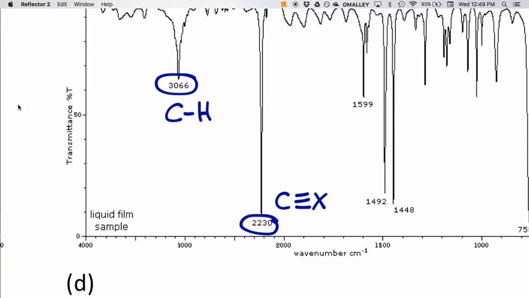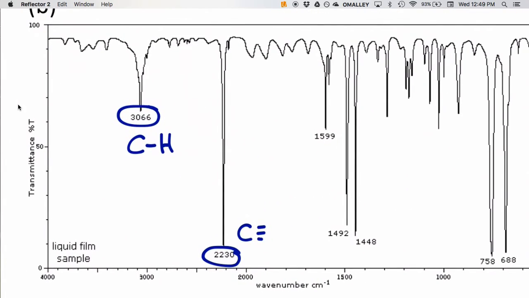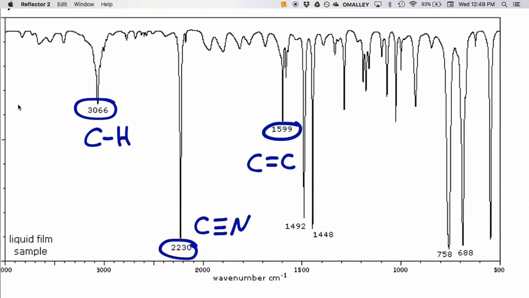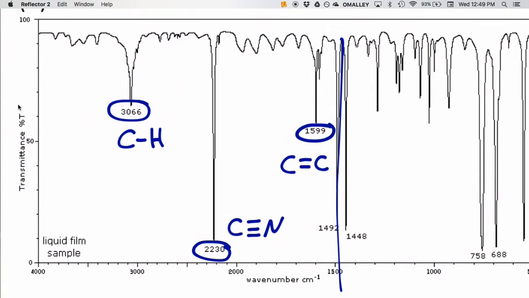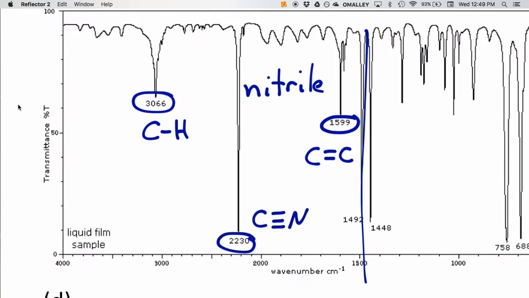So I'm already suspicious that this is the nitrile and that that's the C triple bond N peak as a result. And if I look well above 1500, I have something right at 1600, and that's carbon-carbon double bonds, and then the rest of it I don't really pay attention to because it's 1500 or below. And those are the 3 things that I should see for the nitrile. So this is the nitrile, really indicated by that triple bond.